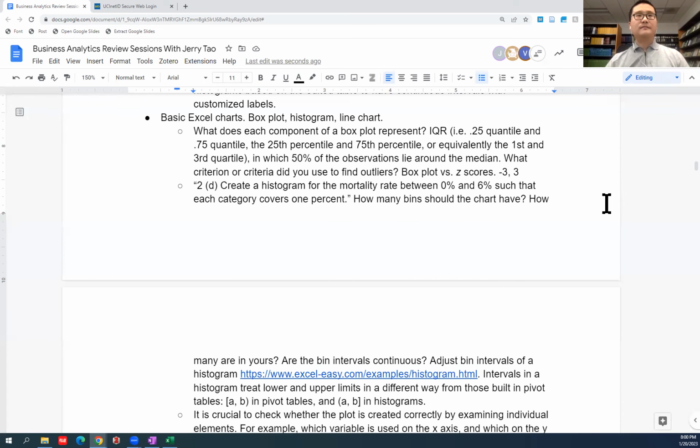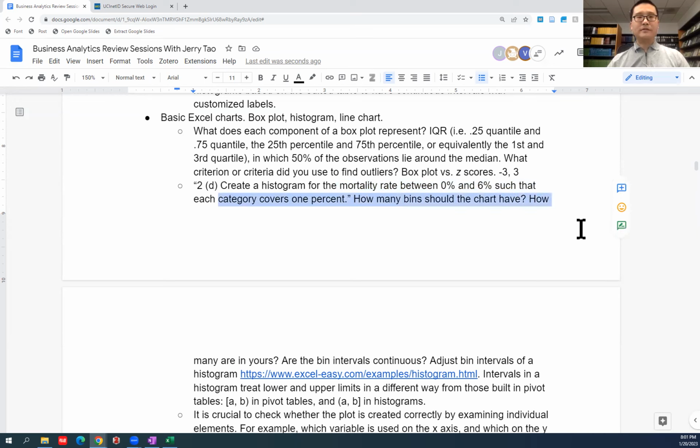All right, let's move on from box plot to histogram. We are required to build a histogram so that the mortality rate is between 0 and 6%, and each category covers 1%.